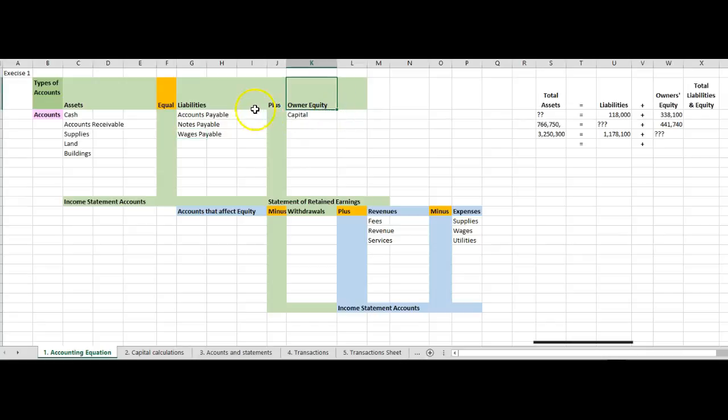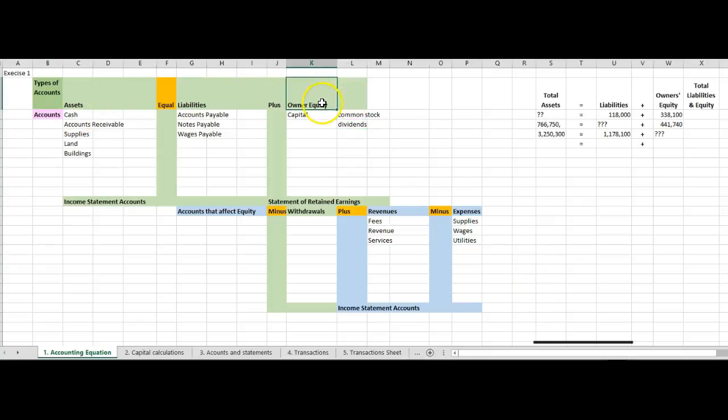Then we also have owner's equity, which is going to be capital in the case of a sole proprietorship, or common stock if it's a corporation. You'll also have withdrawals under proprietorship or dividends that have to be taken into consideration for owner's equity. So that is the equation.